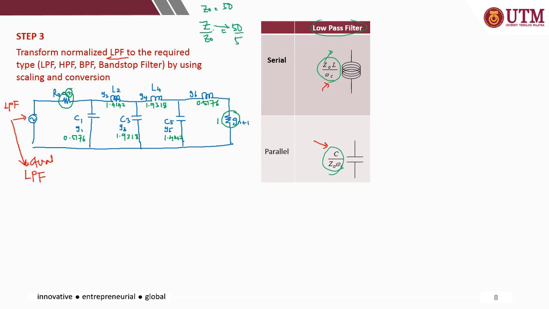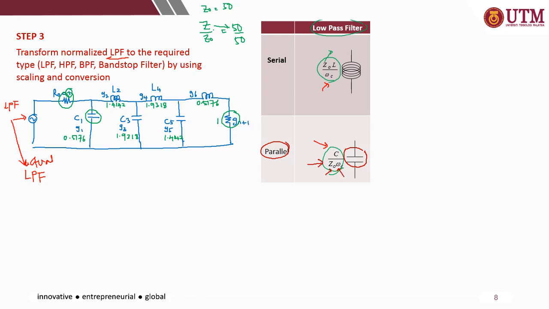In this case, the first component C1 is in parallel, so refer to the parallel one. The C will be maintained as it is, still C in the actual circuit, but the value will be modified. The actual value will be calculated using this transformation equation: C divided by Z naught, 50.